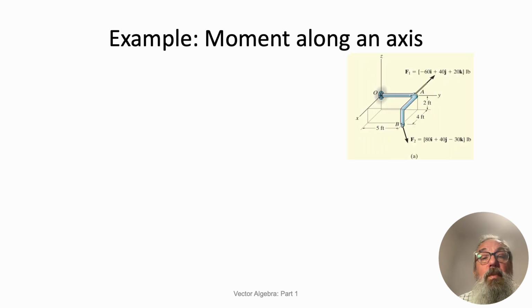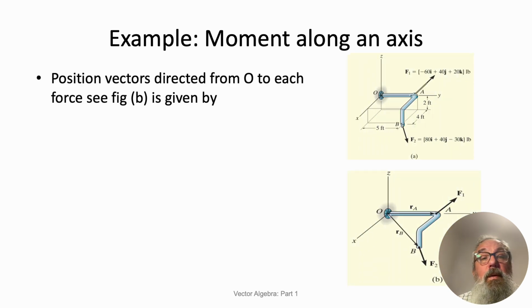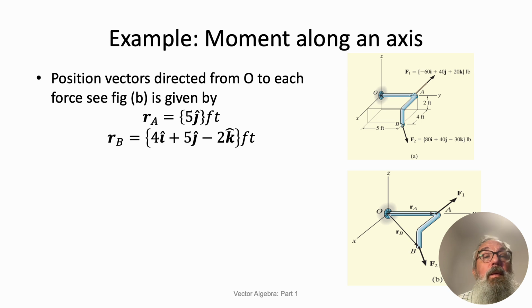So we need to create unit vectors and choose a position vector. The position vector directed from O to each force is shown in this lower figure, RA and RB. We can write those down.